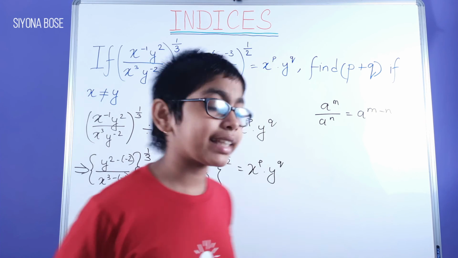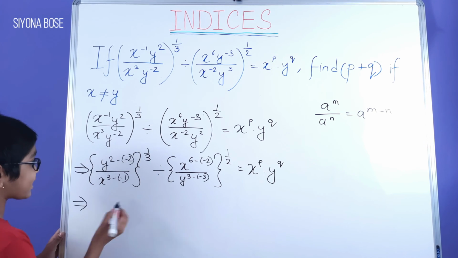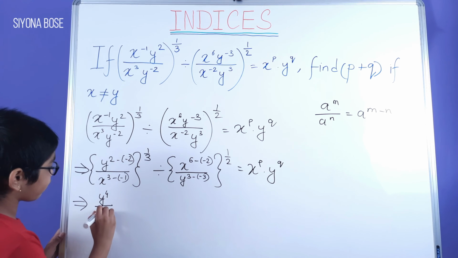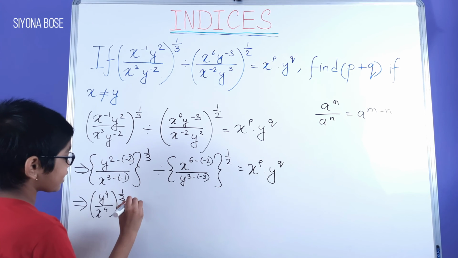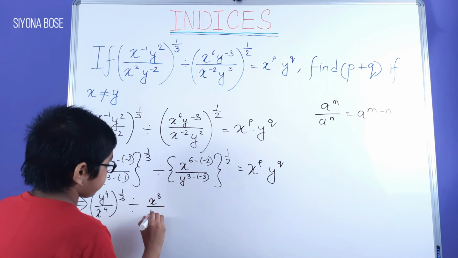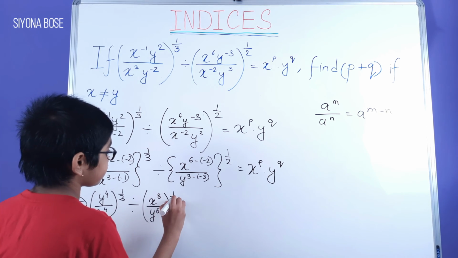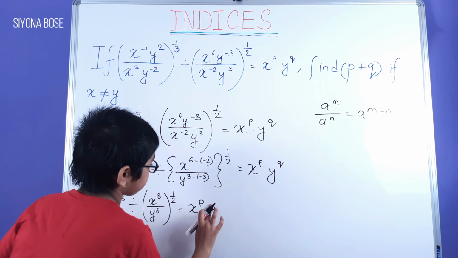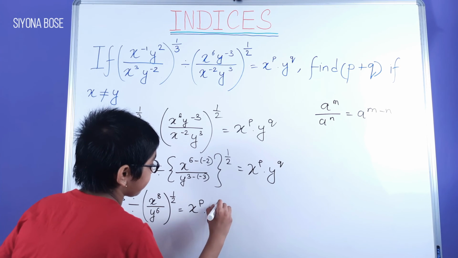Now we can simplify this. We can make it much easier now. It implies that over here we get y to the power of 4 by x to the power of 4, whole to the power of 1 by 3, divided by x to the power of 8 by y to the power of 6, whole to the power of half, equal to x to the power of p into y to the power of q.